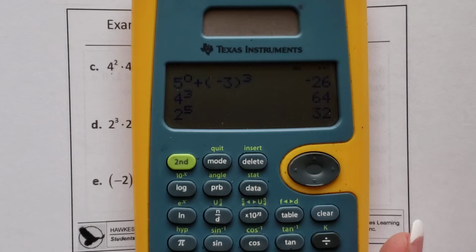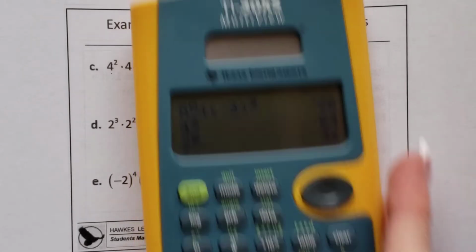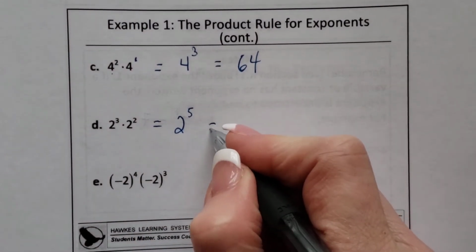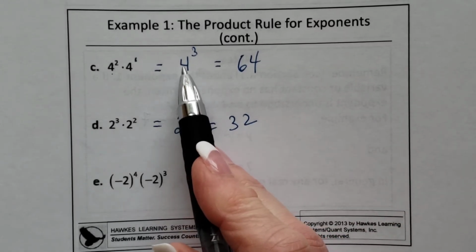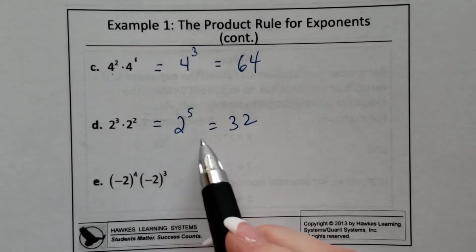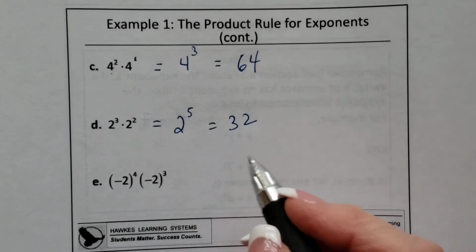My answer is 32. Now, obviously, if I have variables, this is as far as I could go, but for these numbers, I can literally simplify them and get a whole number.